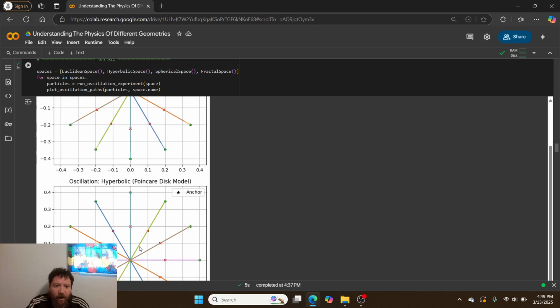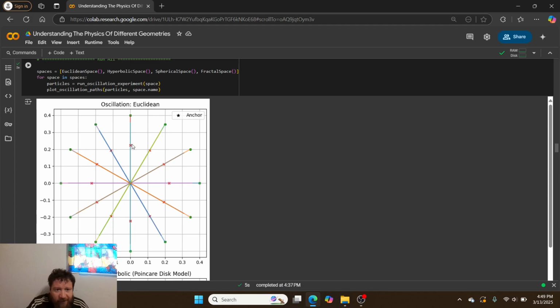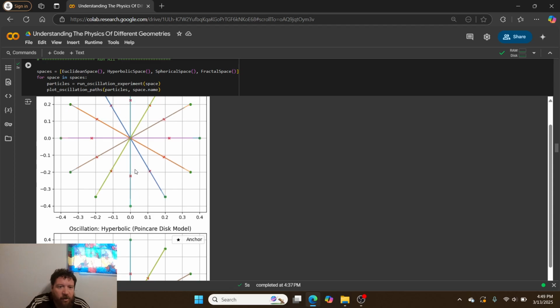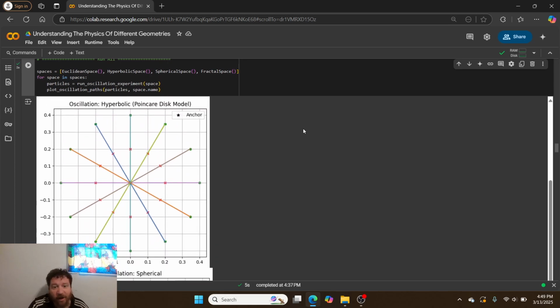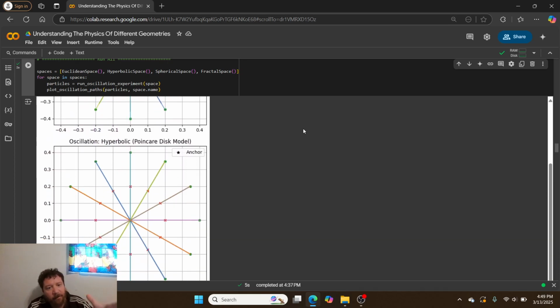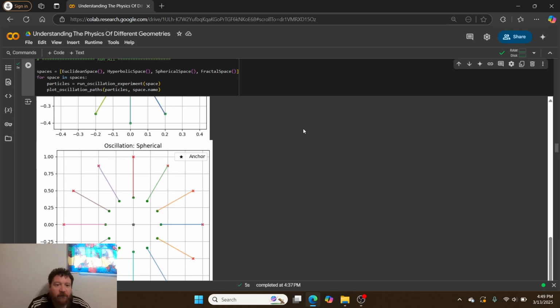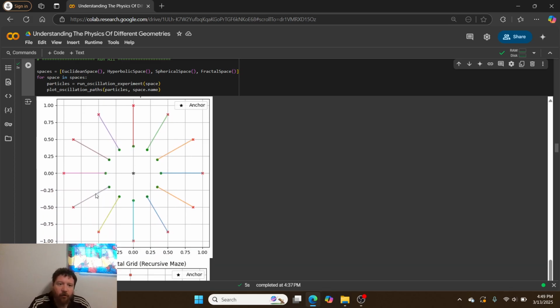And then you have your primary expansion and your secondary expansion. If you notice where the secondary expansion starts with Euclidean, it's slightly more spread out than it is in hyperbolic. So they're not exactly the same. But in this instance, Euclidean and hyperbolic look very similar, which is drastically different than spherical, pointing that out, right?